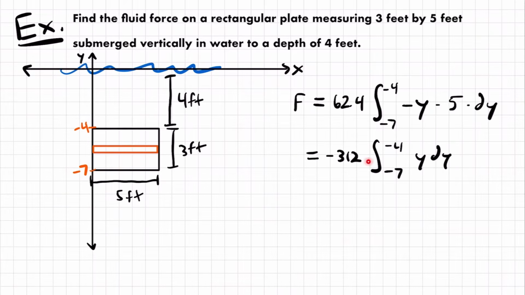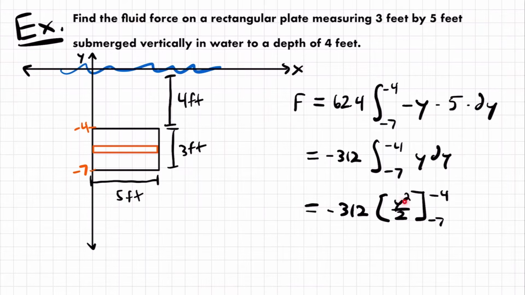And now we have a much more simplified version of that integral that we can solve. And so if we integrate y by using the power rule of integration, we'll add 1 to the exponent and then divide by that new exponent. And so this is equal to -312 times y squared divided by 2, evaluated from -7 to -4.